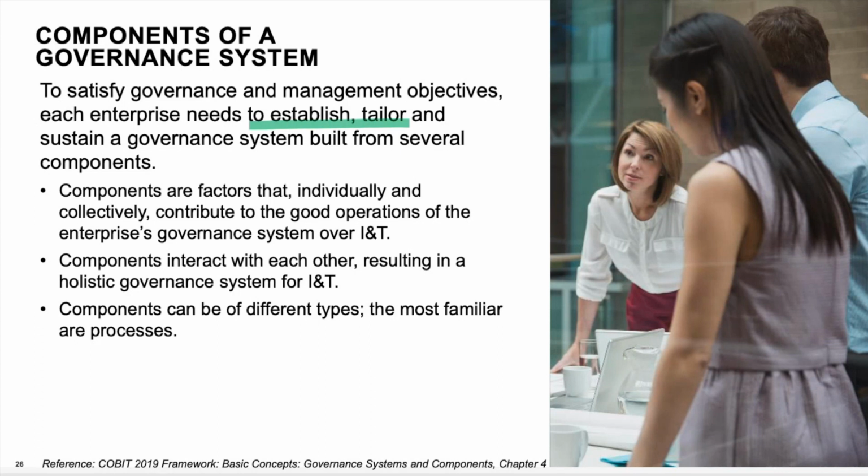I want you to pay specific attention to the word tailor, because with tailor, we mean adjusting it. As I mentioned earlier in the course, COBIT is not one size fits all. It's about how you change the specific elements in such a way that you build something which is suitable for your own organization.